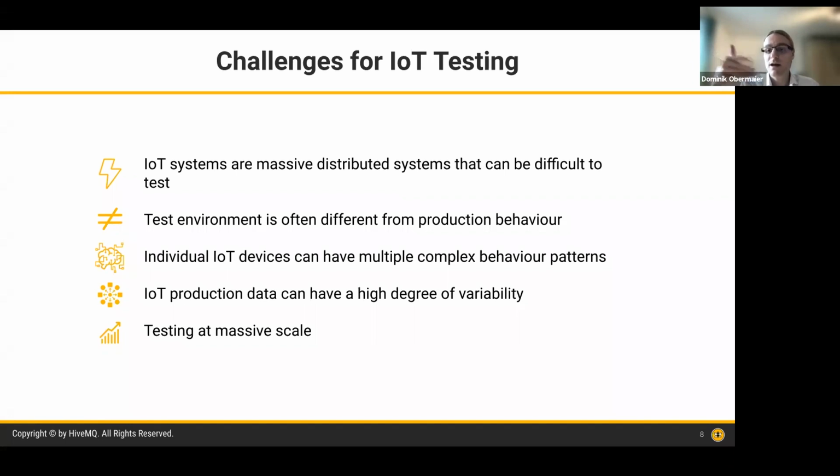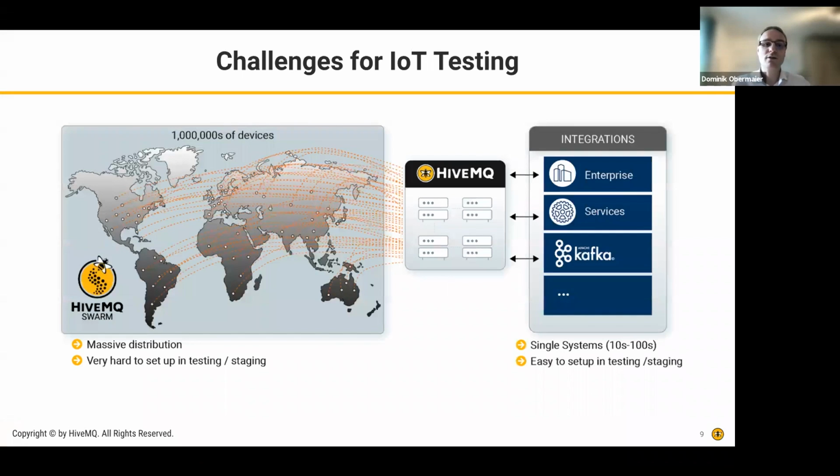In an IoT setting, things are usually a bit more predictable, but even then it's not always as predictable as companies hoped. And last but not least, testing at a massive scale, which means testing literally millions of MQTT connections, which means millions of open TCP connections to a system, is extremely hard to do. And the tools we have today are not suitable for that.